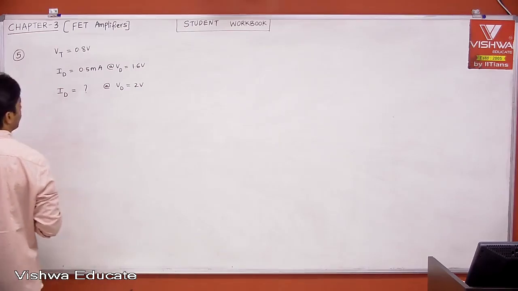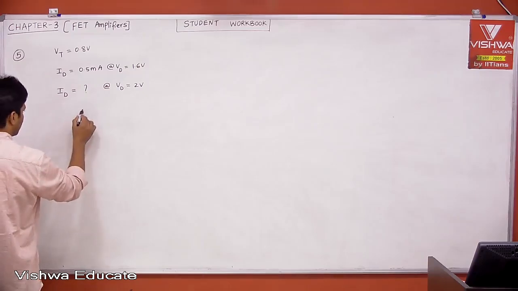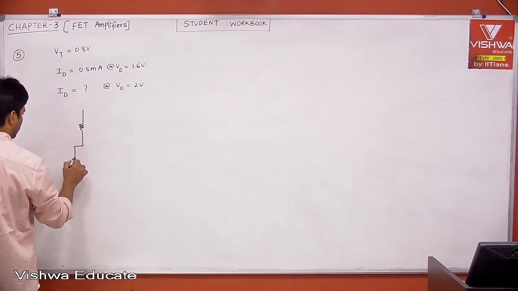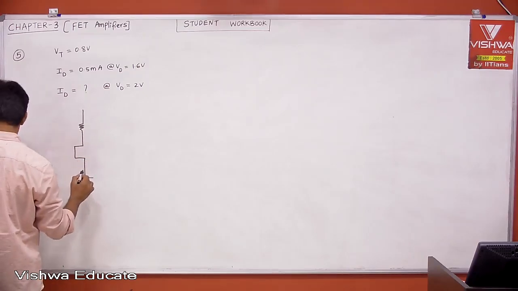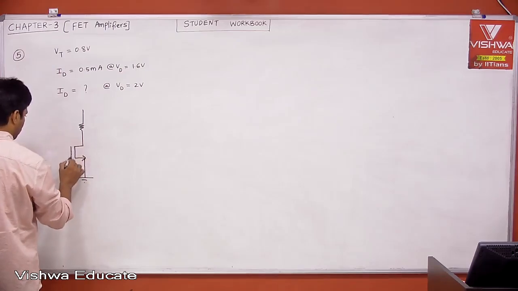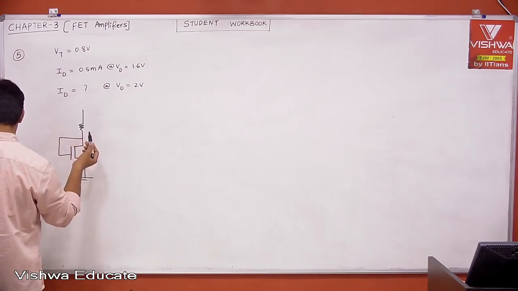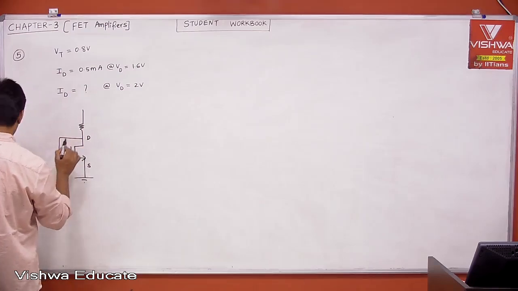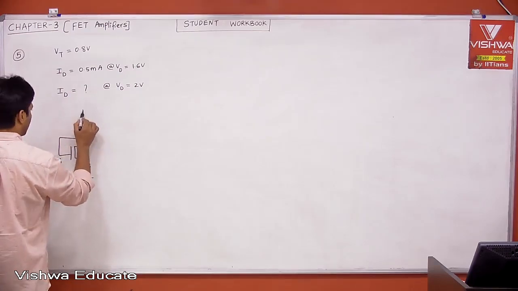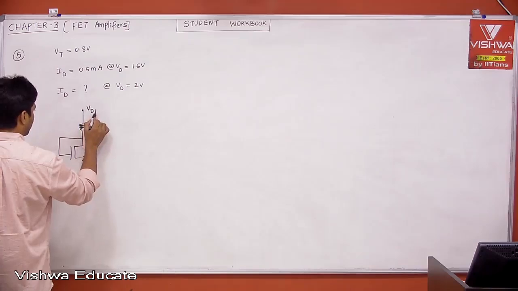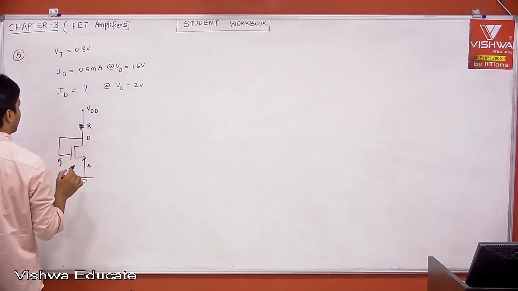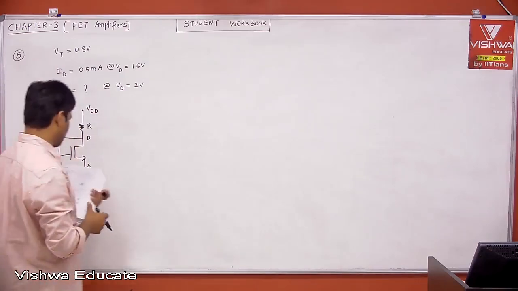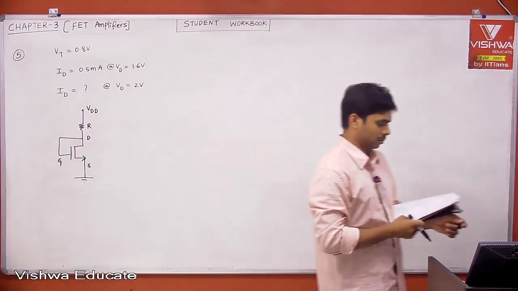Okay, that is what is asked. Therefore, the circuit is almost a diode-connected problem, right? This is drain, source, gate, or VDD. Then asking for ID, right? That's fine.